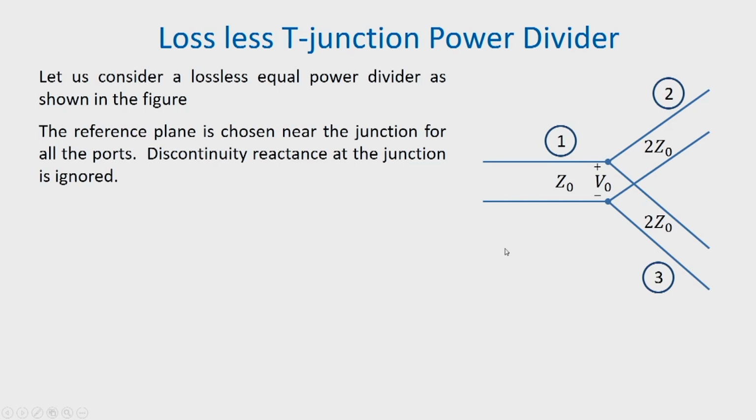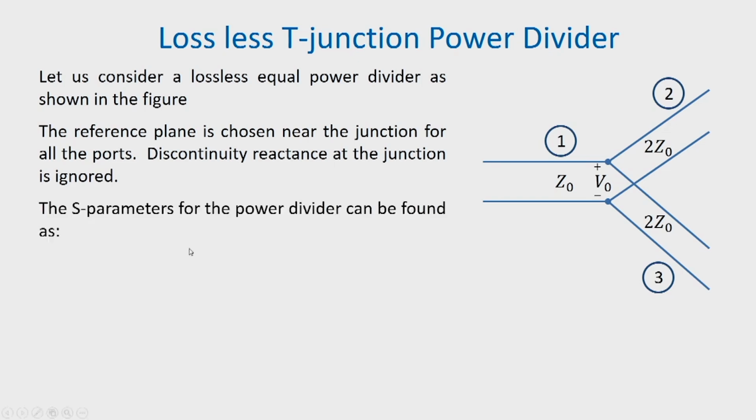The reference plane here we have considered on the junction itself, and further when this type of junction is formed by connecting transmission lines, we have a small reactance which is ignored.